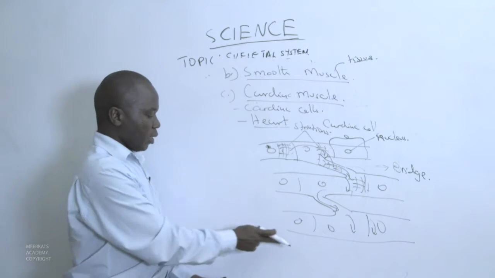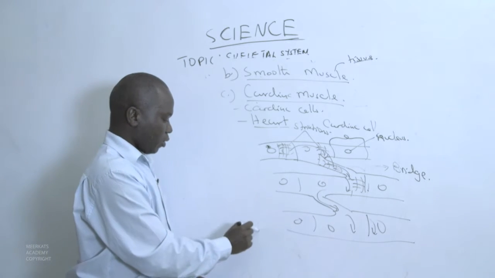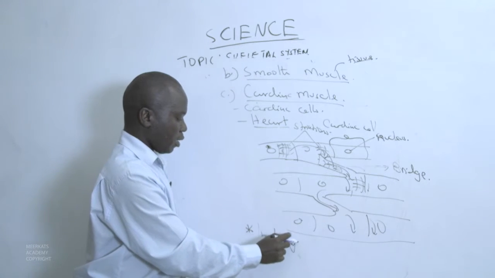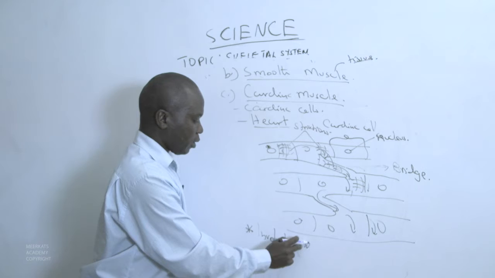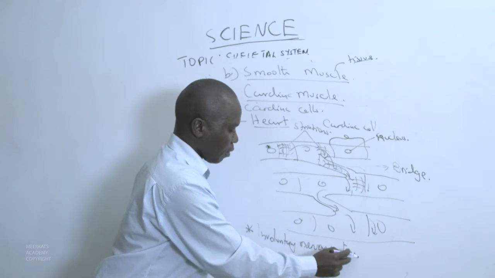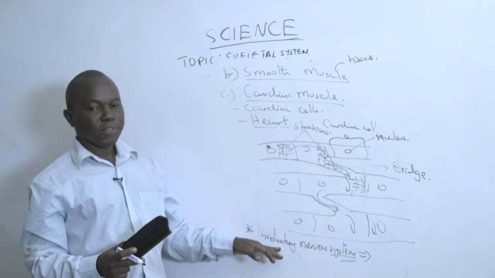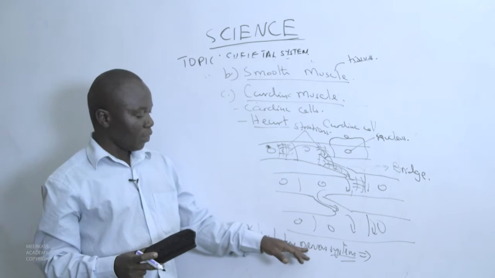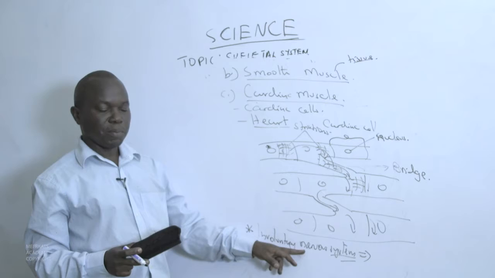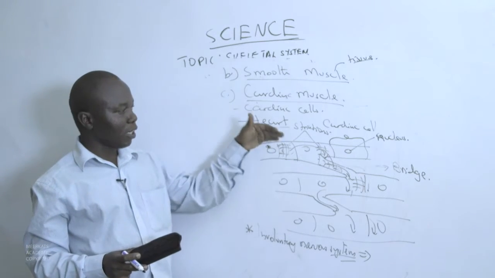We have to remember that it is also controlled by the involuntary nervous system. But it is slightly different from that of smooth muscle, because the nervous stimulation originates from the heart muscle itself.